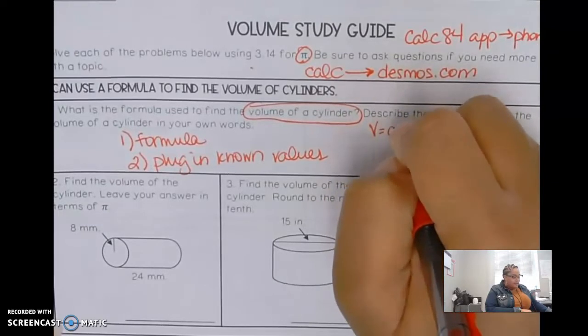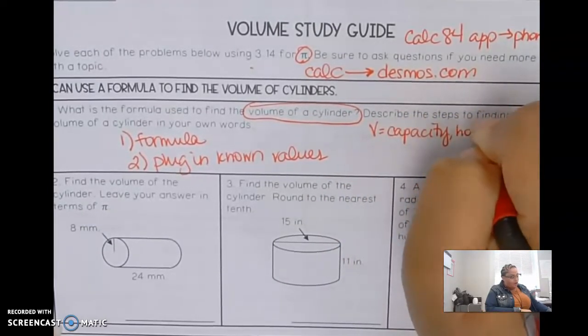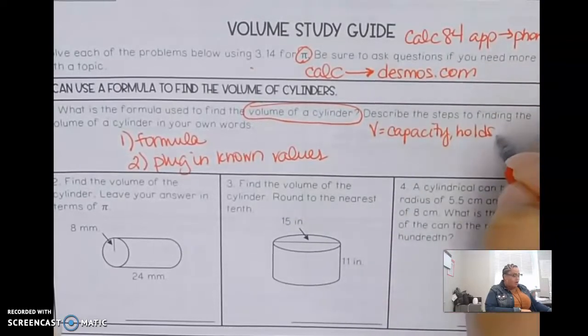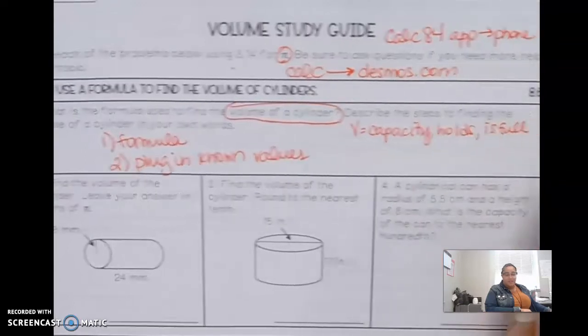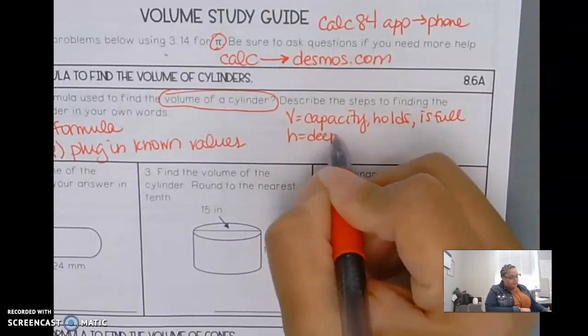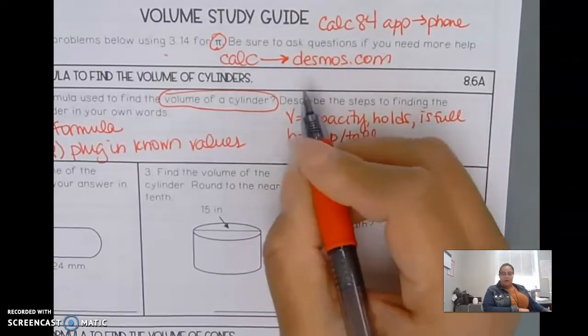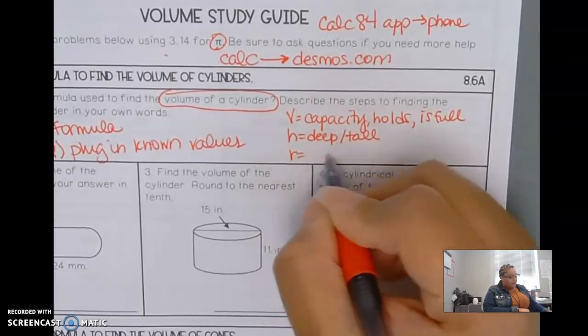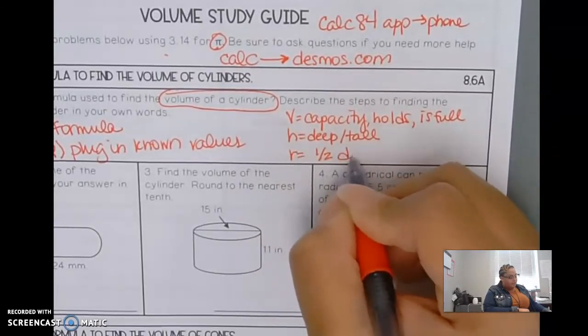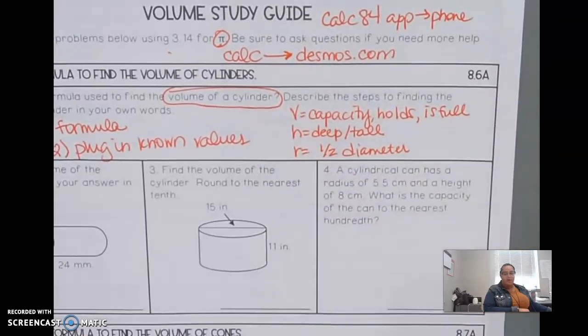So if they say capacity or holds or is full, that's the volume. Okay, height is depth or how tall it is, and the radius is half the diameter.